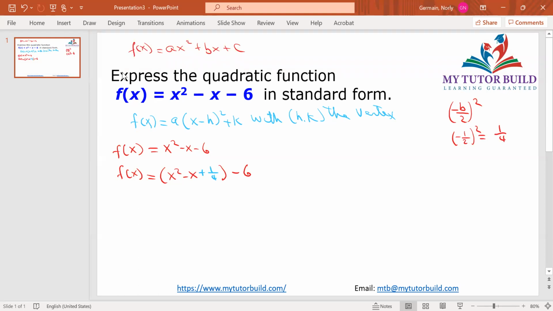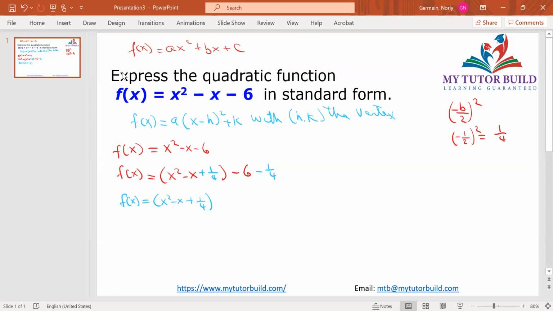We're going to add 1/4 inside the parentheses, but we're going to subtract it outside as well, to make sure the function doesn't change, like adding 1 and subtracting 1. Now, outside of the parentheses, we simplify: x squared minus x plus 1/4.